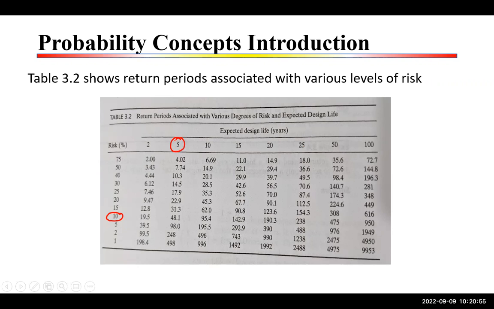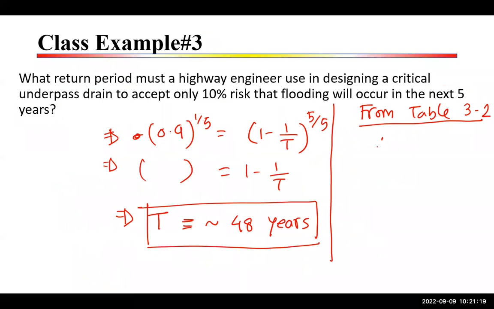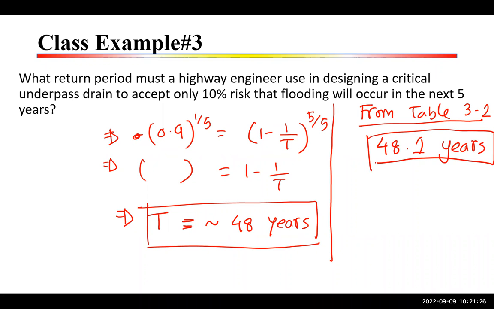Now let's find the return period. If I go this way, what is the number here? 48.1, right? The number you got is pretty close to that 48.1. So make sure you identify that and write down 48.1. This is a good way to check your calculation during a test or homework.